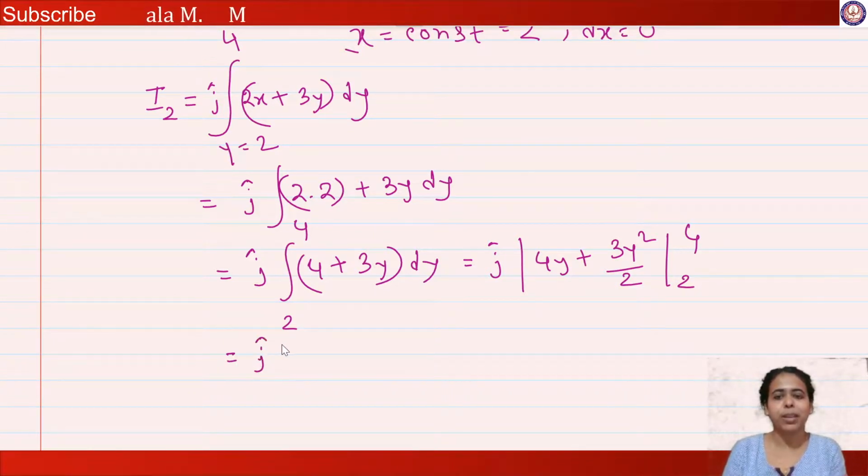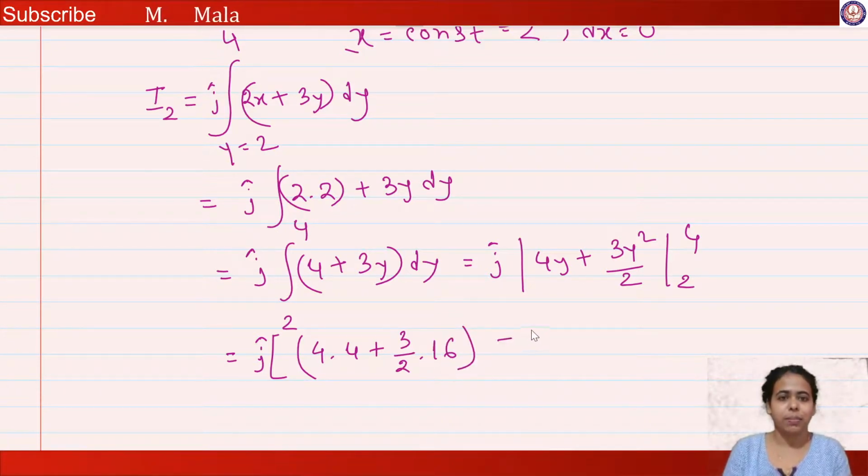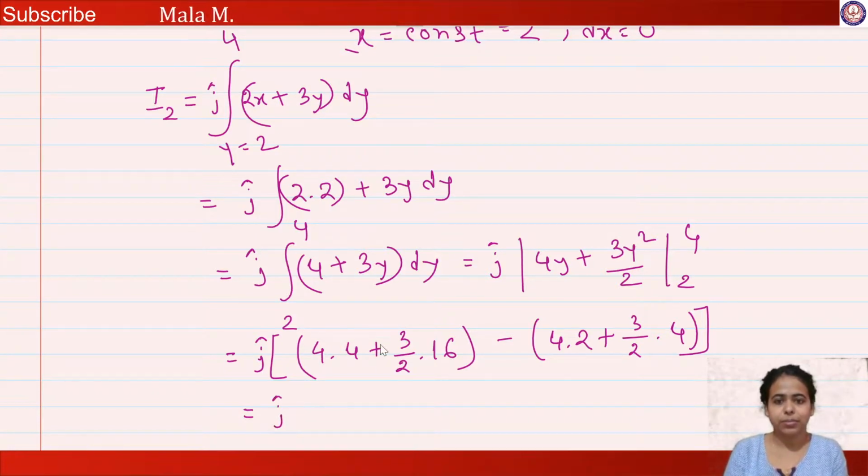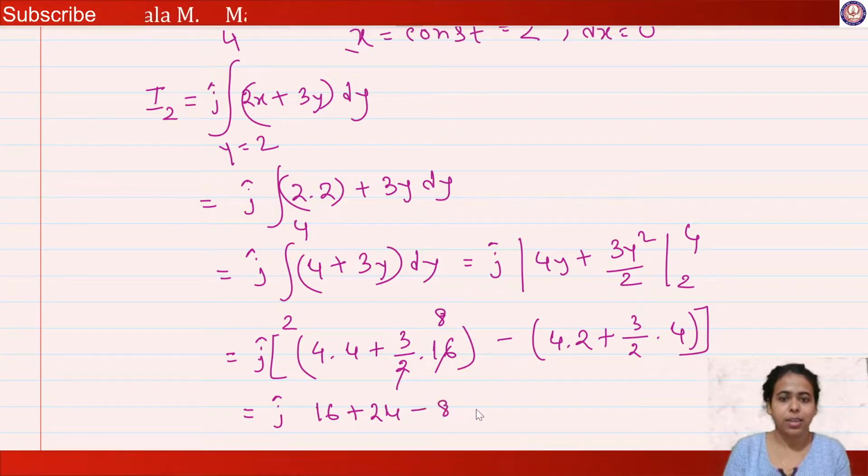And if you put in the values, what do we get? We get 4 into 4 plus 3 by 2 into 16, minus 4 into 2 plus 3 by 2 into 4. This is j cap. 16 plus 24 minus 8 minus 6.